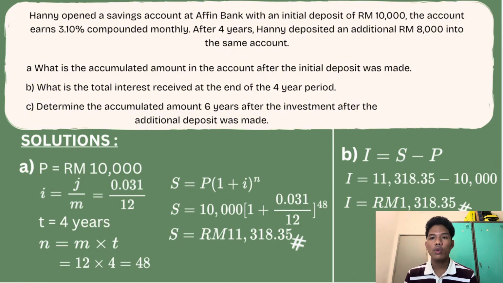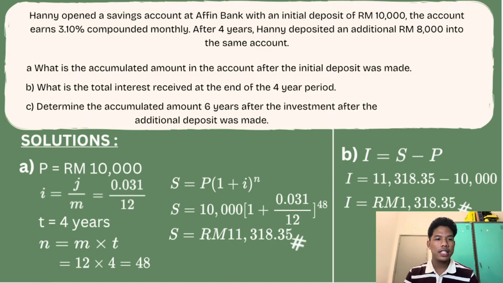So S equals RM 10,000 (1 + 0.031/12)^48. So the answer is S equals RM 11,318.35.